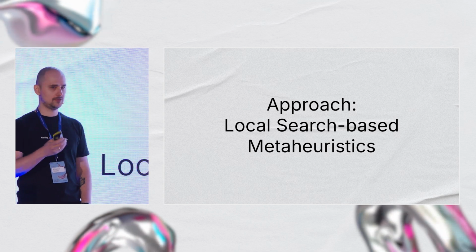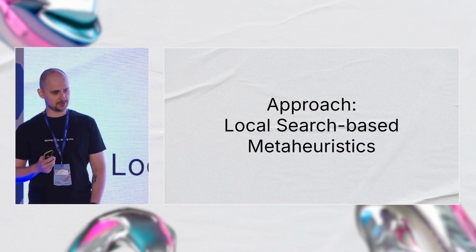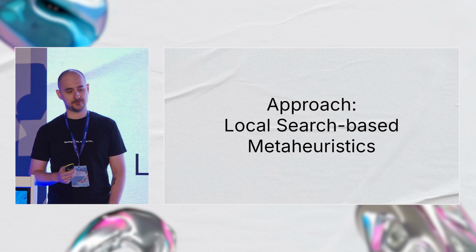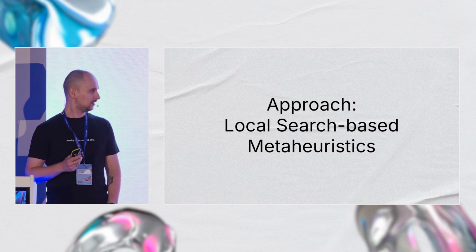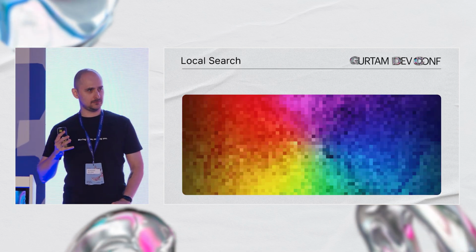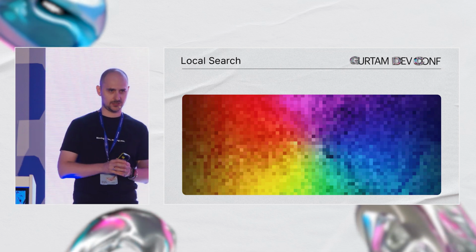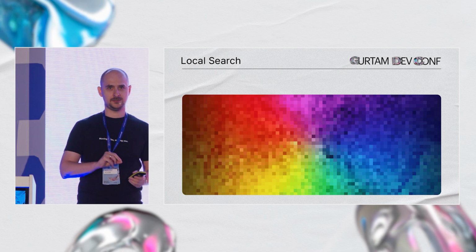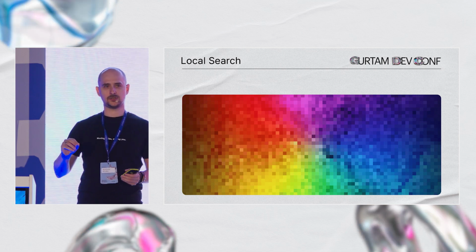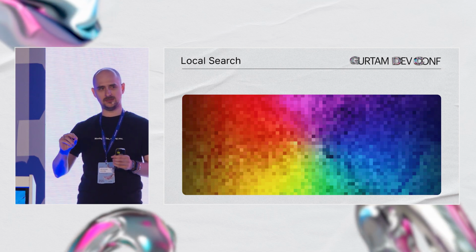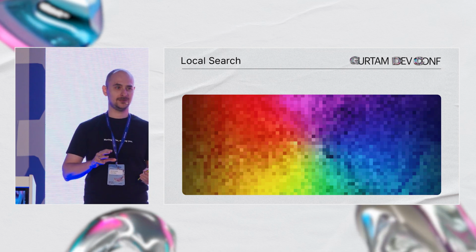Another, more programmer way to solve it is local search-based metaheuristics. And for this, we can notice that if we change our solution candidate a bit, the score change will also be limited to the stuff we changed.